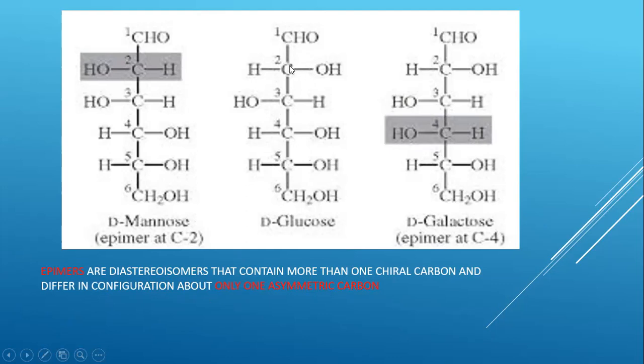You see this glucose here has how many? You see, it's attached to hydrogen here, OH here, and a different group here, and another different group. So this is 1. So this is an asymmetric carbon, same as this, and this.